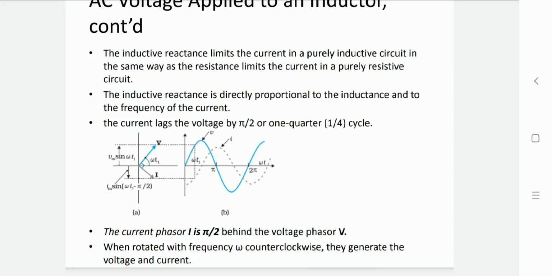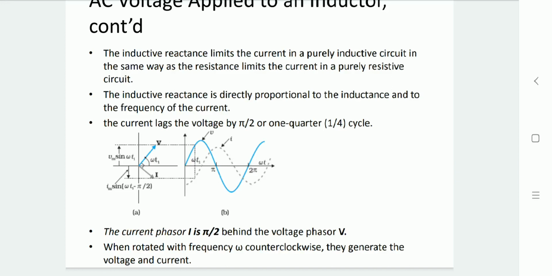Taking its phasor, take omega t1 as a constant instantaneous value, extend it towards a waveform, and take its maximum value extended in the phasor. So the voltage phasor represents the amplitude V of the Vm sin omega t1 wave, and the current phasor represents the amplitude of current I for the waveform sin omega t1 minus pi by 2.